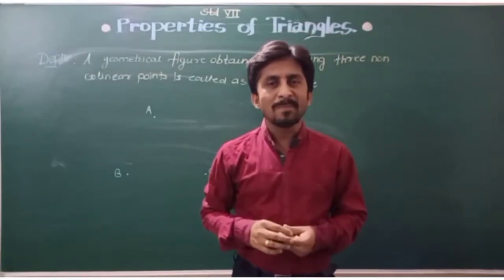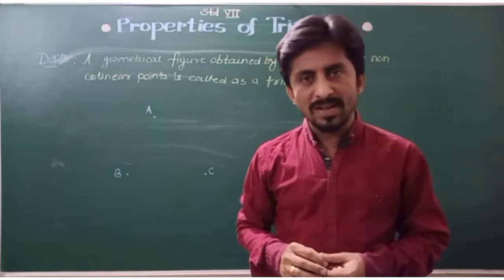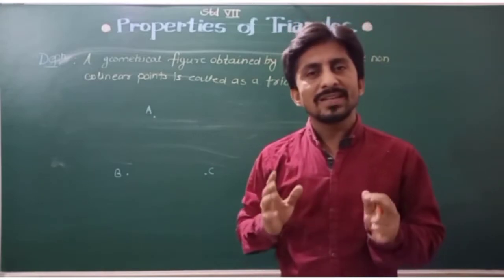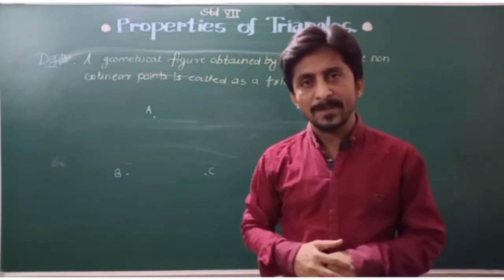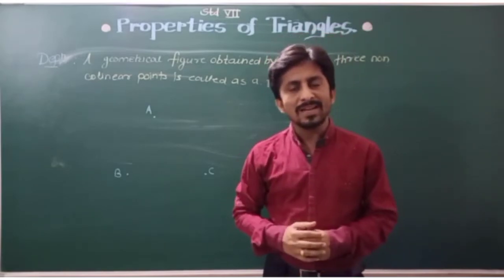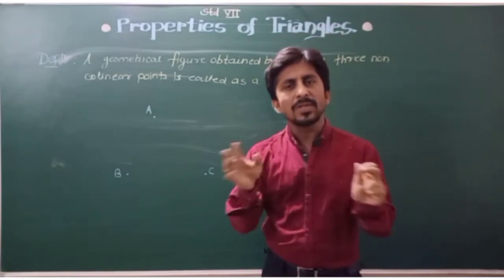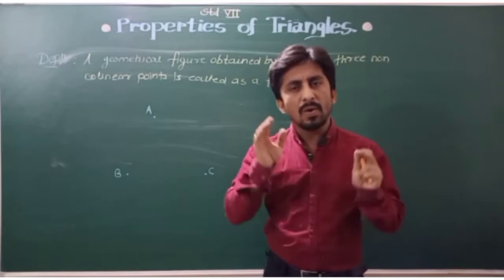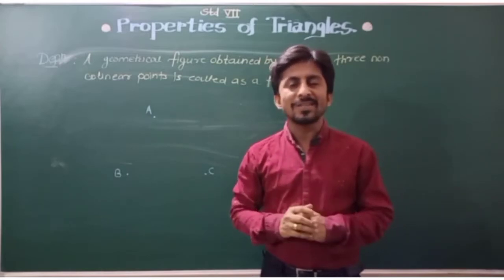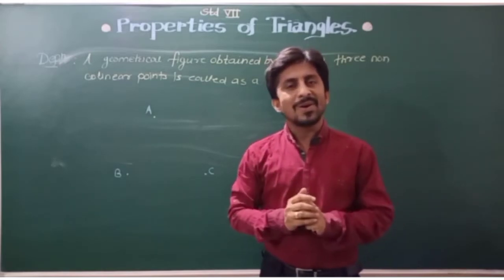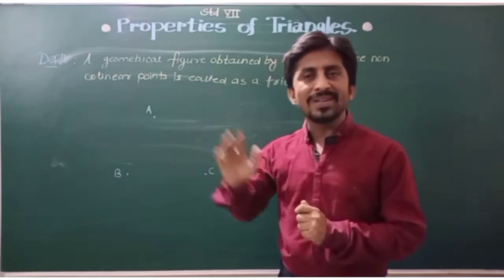So what is a triangle? A triangle is a geometrical figure obtained by joining three non-collinear points. So how do we get the triangle? You take any three non-collinear points, and if you join all these three non-collinear points, you get a figure called a triangle. So here I have written the definition.